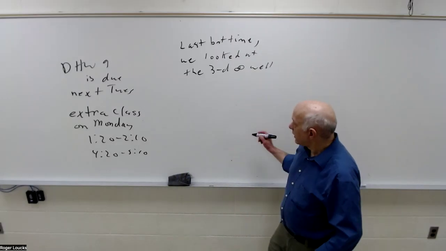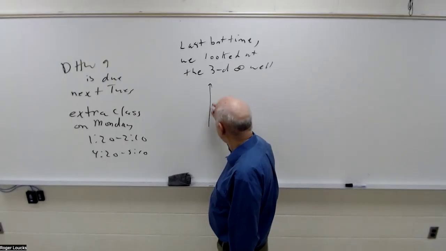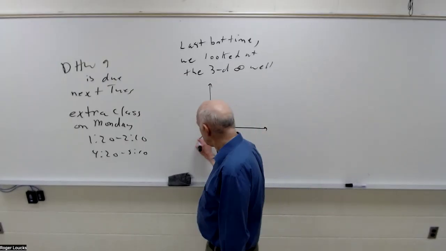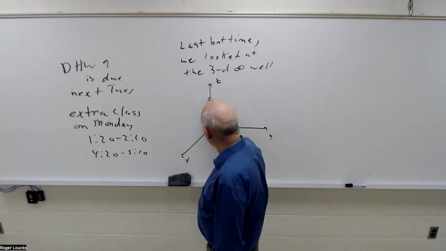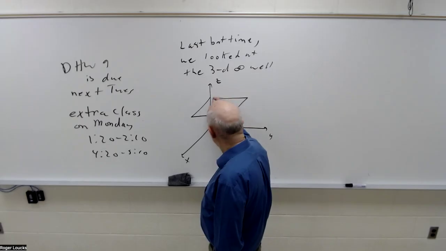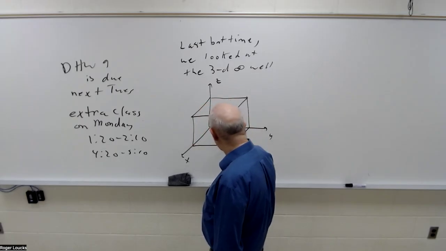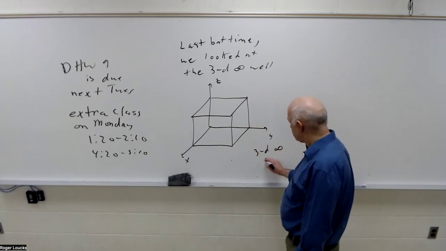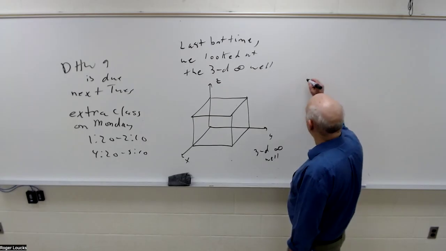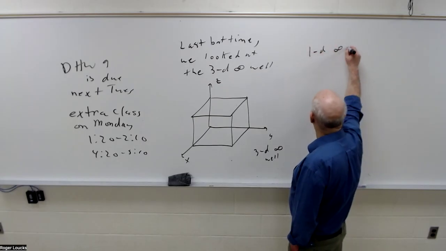Okay, so we had this. This is X, this is Y, and this is Z. And a 3-dimensional box is going to be a regular box like this. So this is a 3D infinite well, and this is our 1D infinite well.